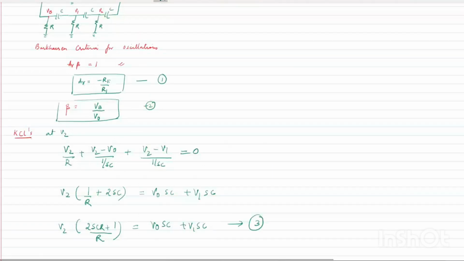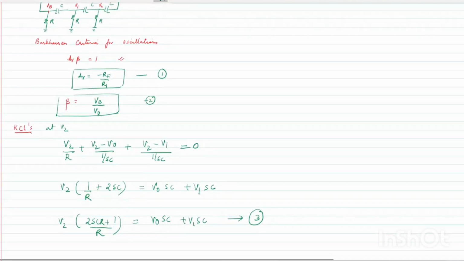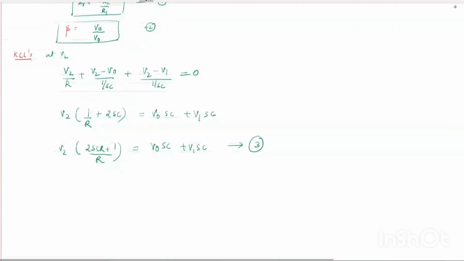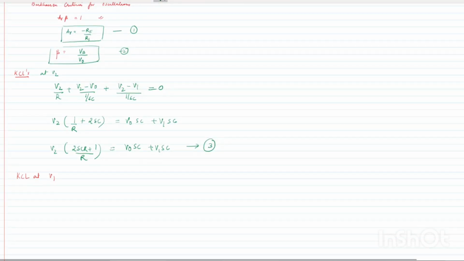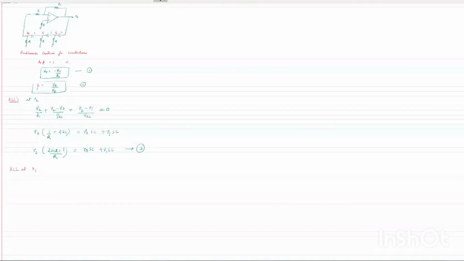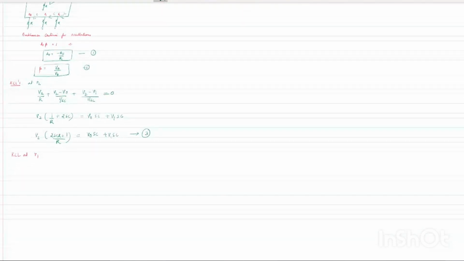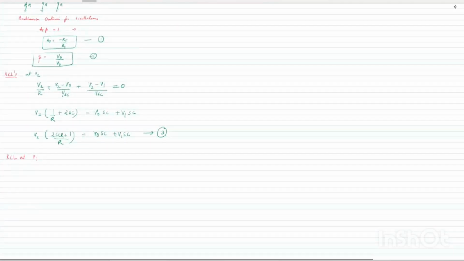Can I go to the next node? Yes, ma'am. I will now write KCL at V1. When I write KCL at V1, what will be the equation? It will be V1 minus V2 upon 1 by SC.